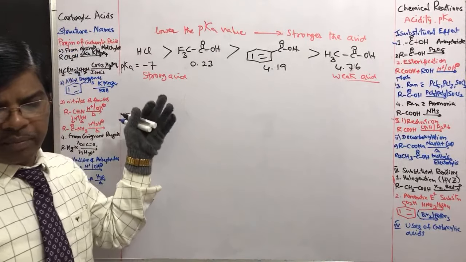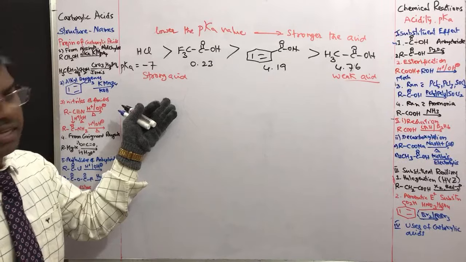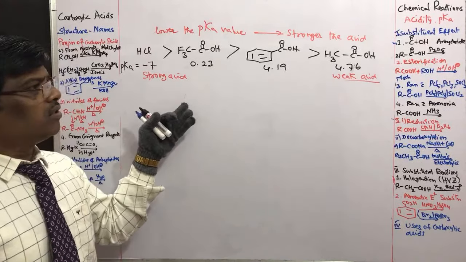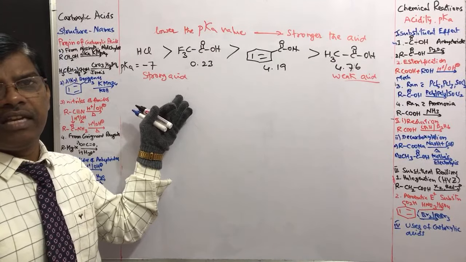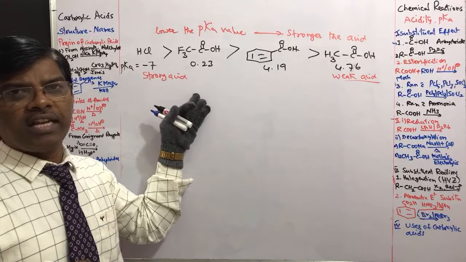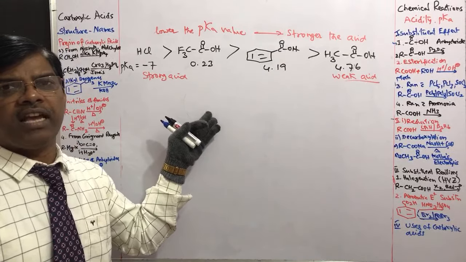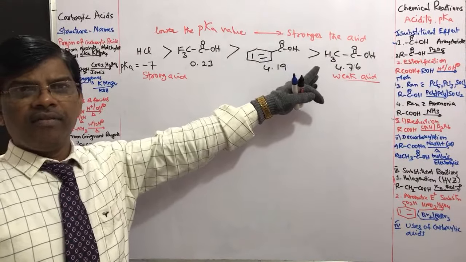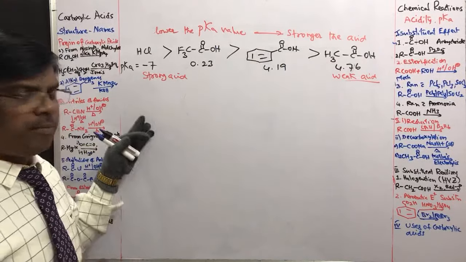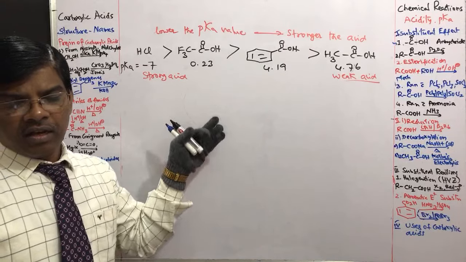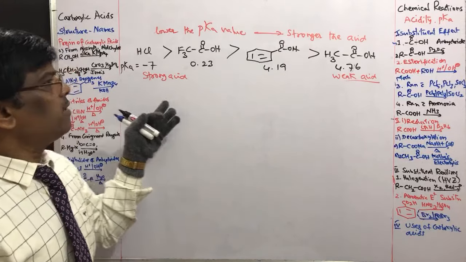Just now I completed the derivation of the pKa equation. The detailed derivation is available in the video Acidity of Carboxylic Acids on Venus Academy. Please search for it like this. In that I have explained it in detail.